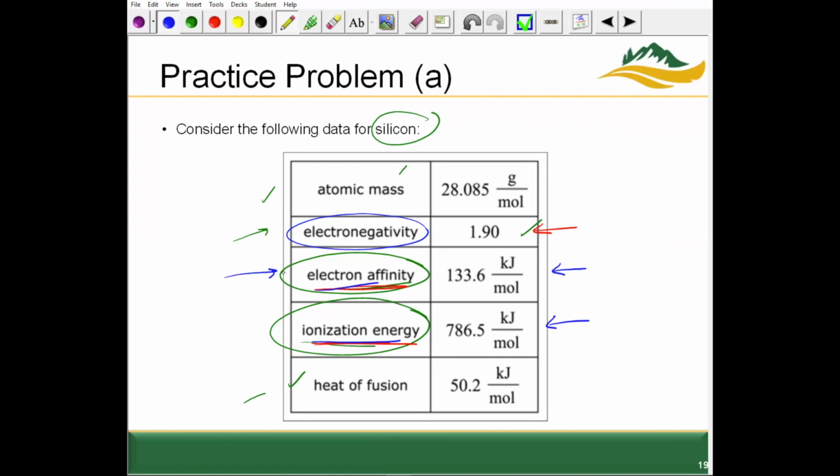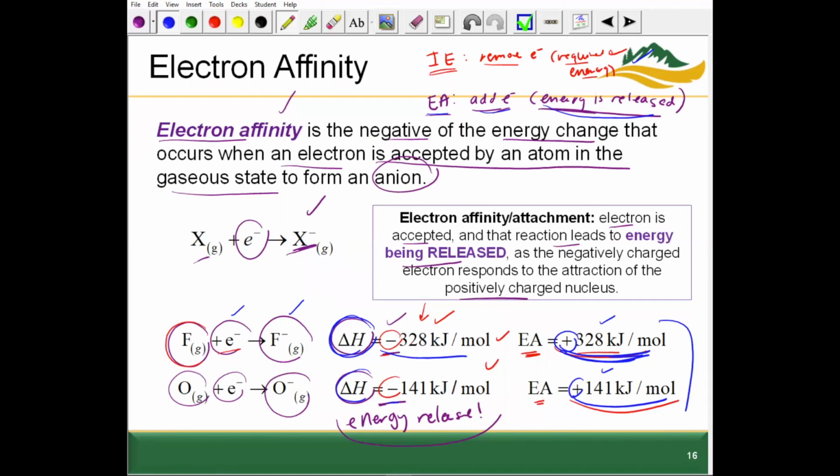Let's take a look back at our reactions that do describe electron affinity or attachment. We need to be really careful here because electron affinity is defined as the energy change that occurs when an electron is accepted by an atom in the gaseous state to form an anion.